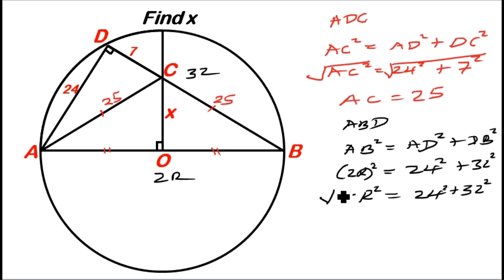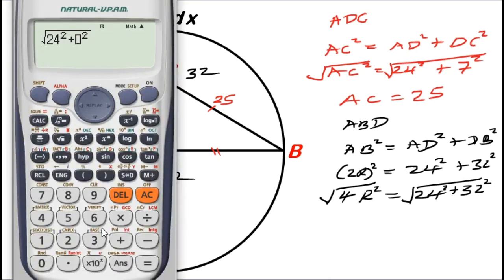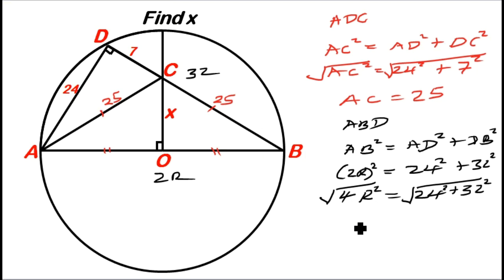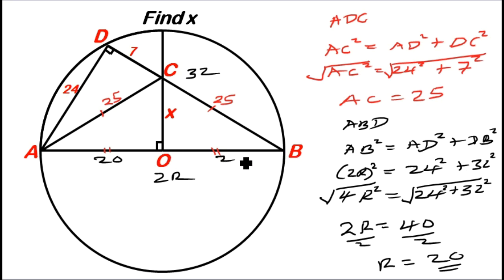For us to get r, we can look for the square root on both sides. The square root of 24 squared plus 32 squared is 40. Here we have the square root of 4 is 2, the square root of r squared is r, equals 40. If you divide both sides by 2, you will get the radius r, which is 40 divided by 2, 20. So from O to A is 20, from O to B is also 20.